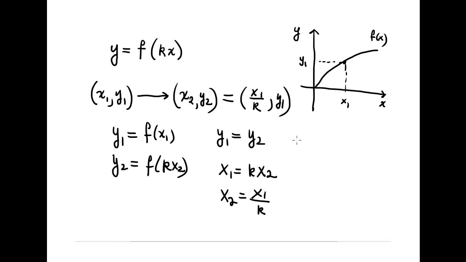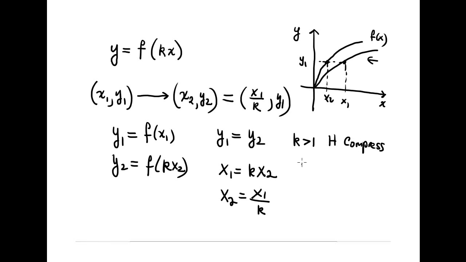See, if k is a number bigger than 1, when you divide, it's obvious that the coordinate x is decreasing. The effect is like that. This is the new x2. Now, it's obvious that in this situation horizontal compress happens. Horizontal compress is the effect.